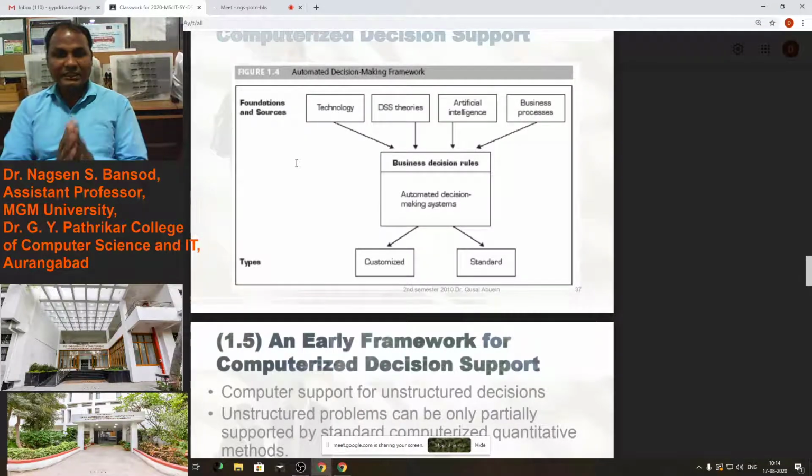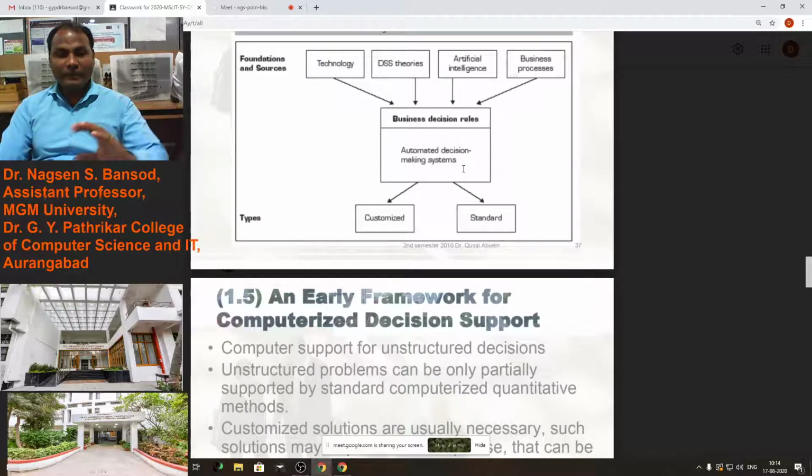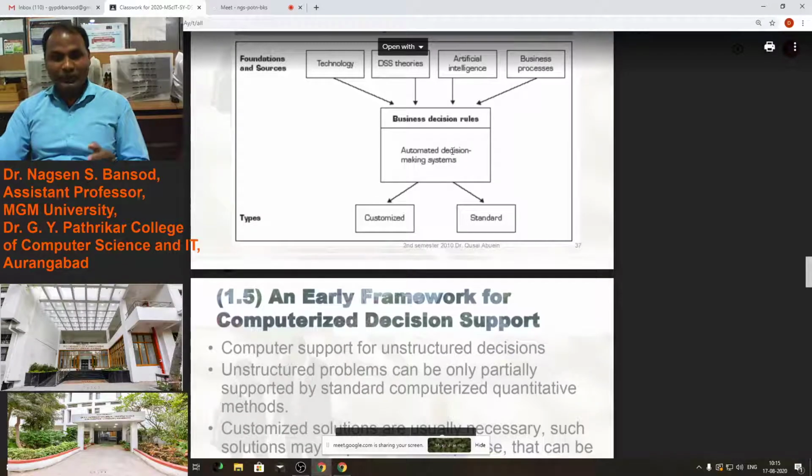In the foundation: technology, DSS theory, artificial intelligence and business processes. These are the foundation and sources of the automated decision making framework. That is connected to the business decision rules, means connected to the automated decision making system, means the computer.